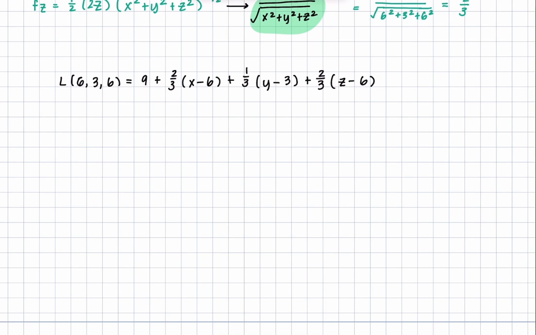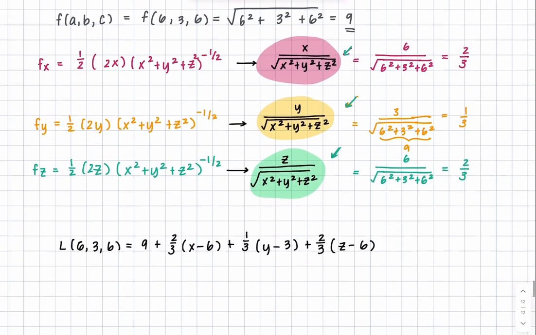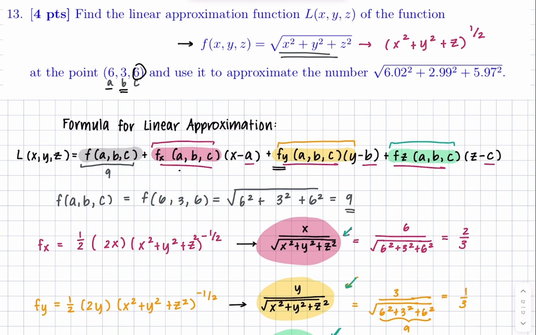Now we want to make a linear approximation, and that's an estimate. So instead of plugging the point 6, 3, 6 back in, I'm going to choose points close to those values. Let's say for a, I'm going to choose 6.022.